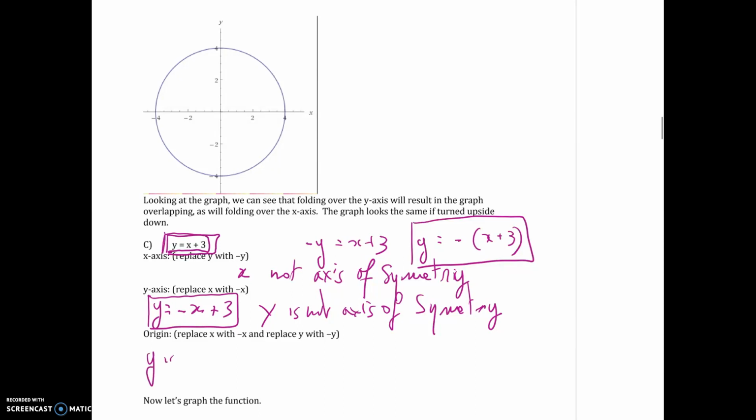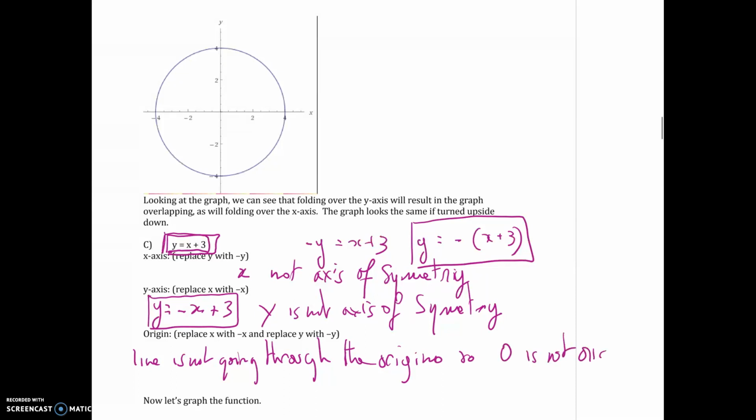The line is not going through the origin, so O is not an origin of symmetry.